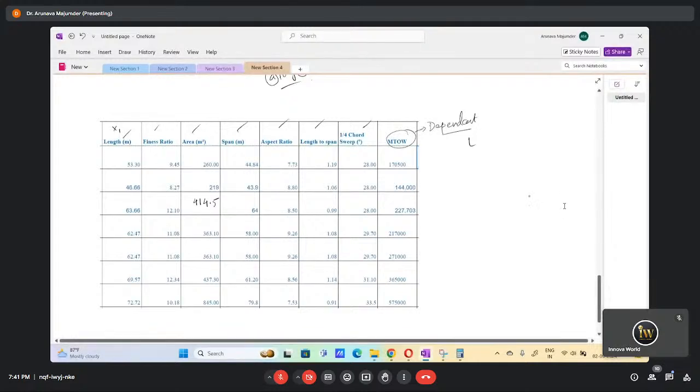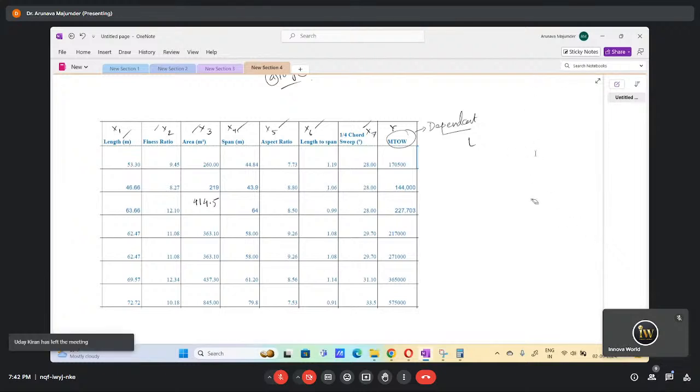Let us suppose x1 is the length, I'm just symbolizing. Fineness ratio x2, area x3, span x4, aspect ratio x5, length to span x6, chord x7, and this is y. Y is the dependent variable.